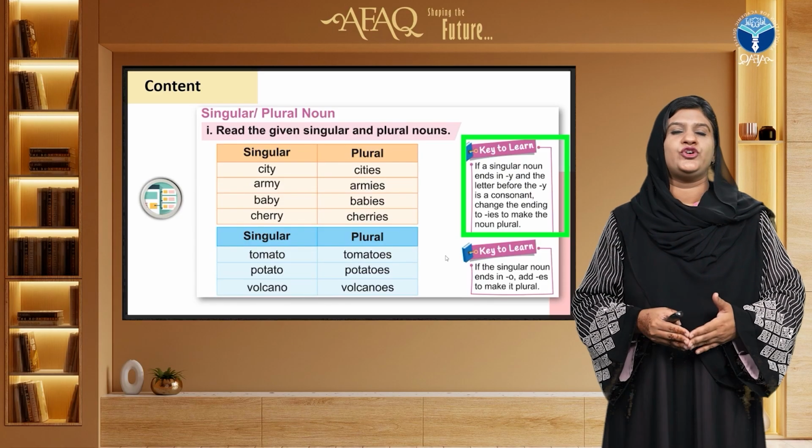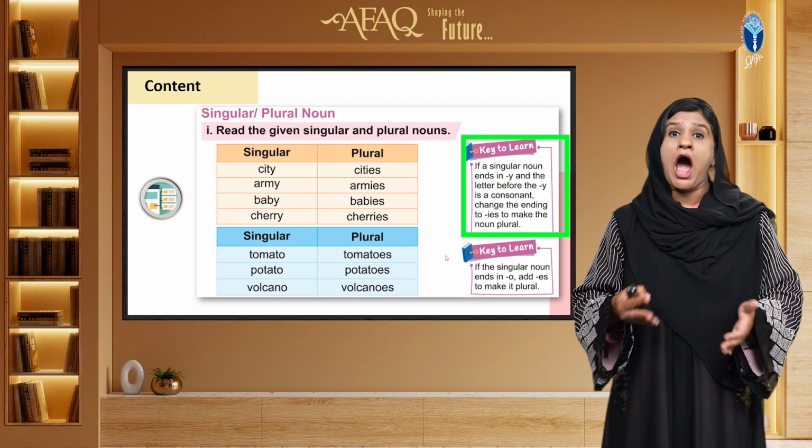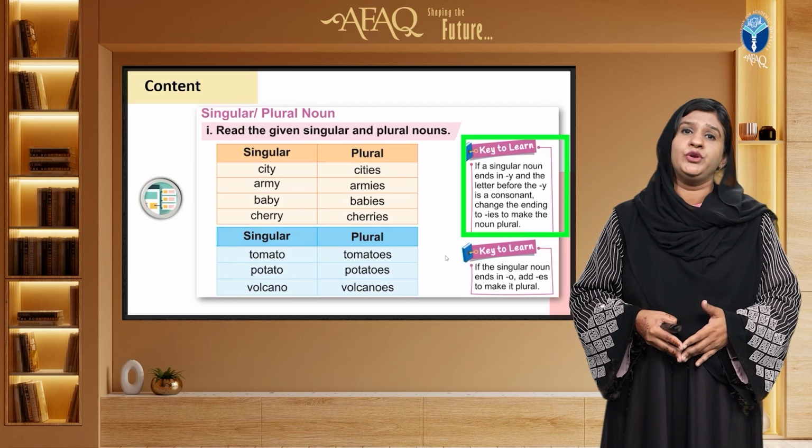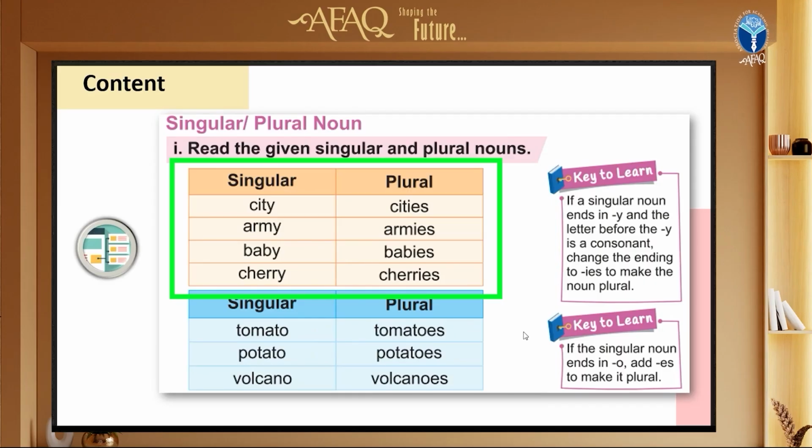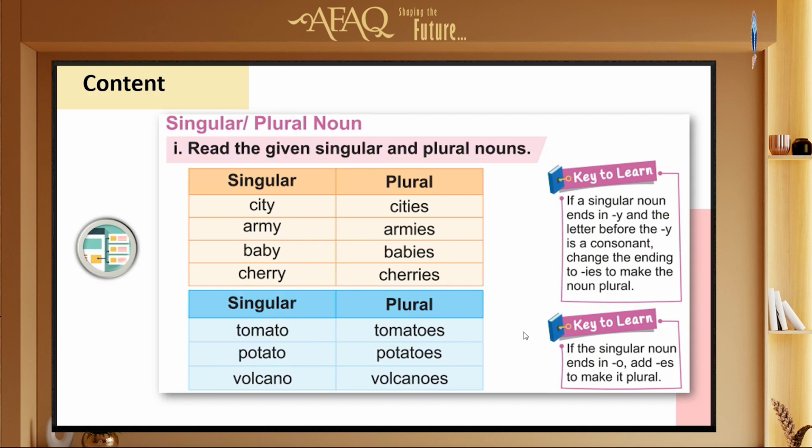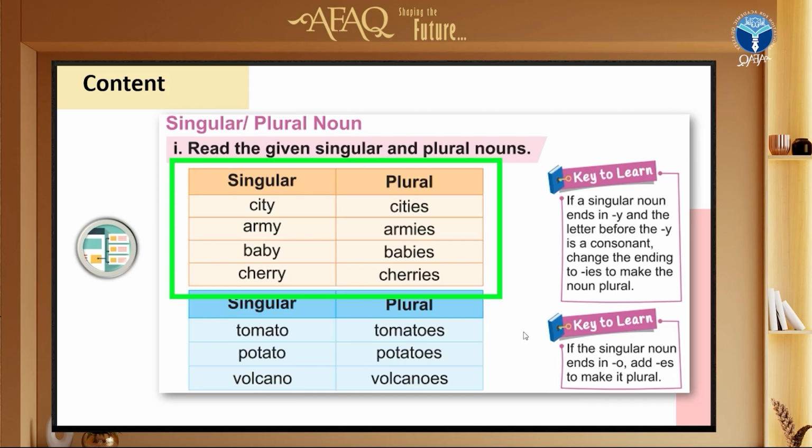So let's see some words that end in Y and how we can omit Y to make a plural noun. The first word is city and the plural is cities. Here you can see you can omit Y and you are going to add IES, cities. Army, armies. Baby, babies. Cherry and cherries.